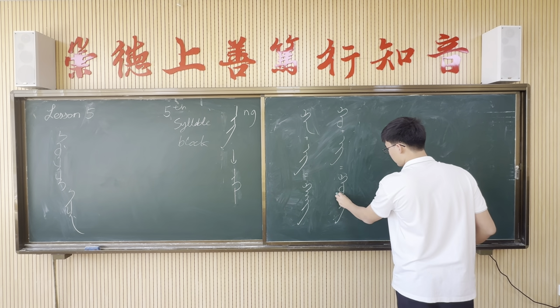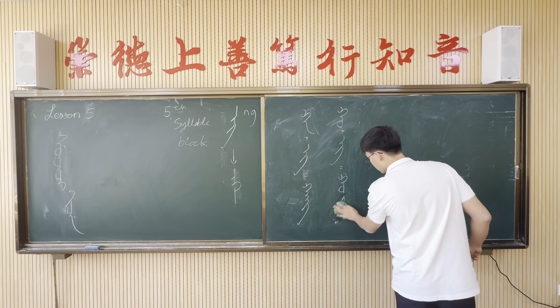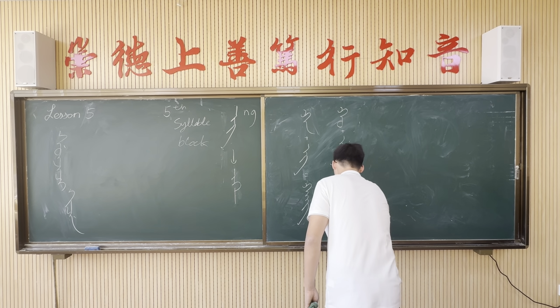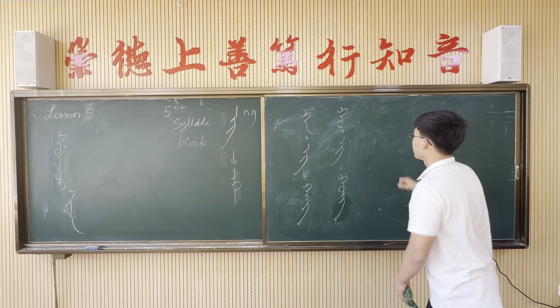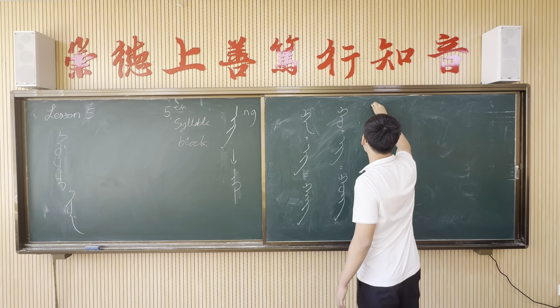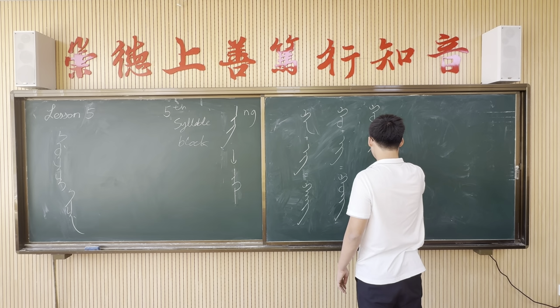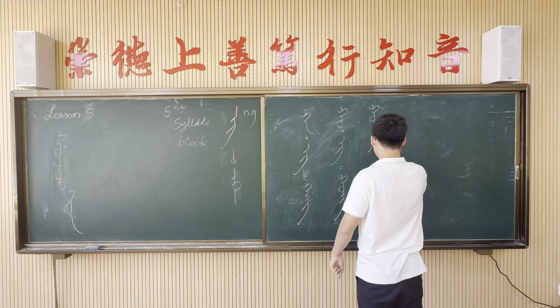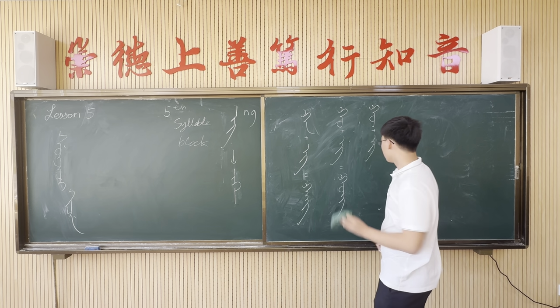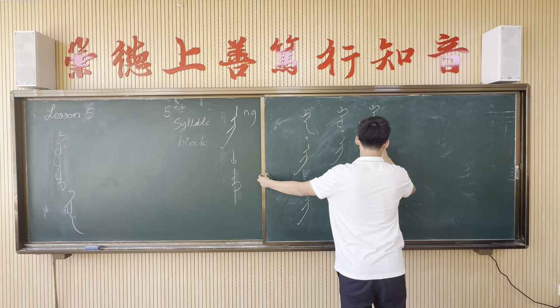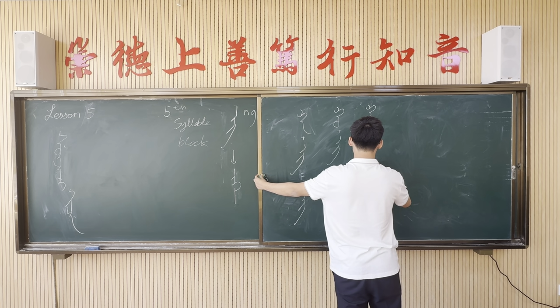So ko plus ng is kong, right? And then we have kuo plus ng. Kuo plus ng is kuang.